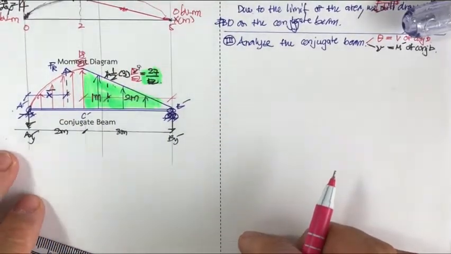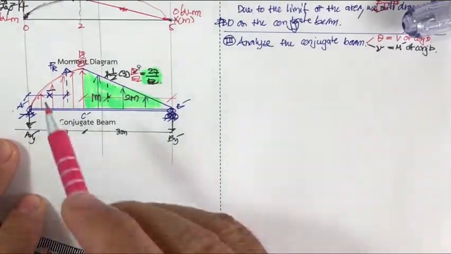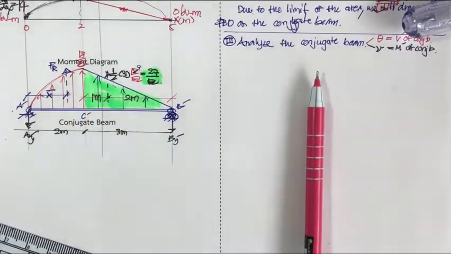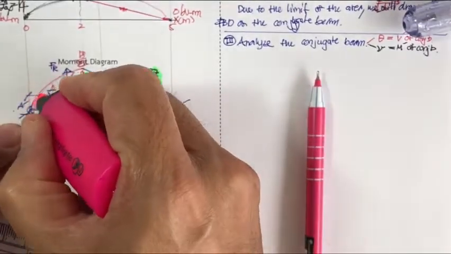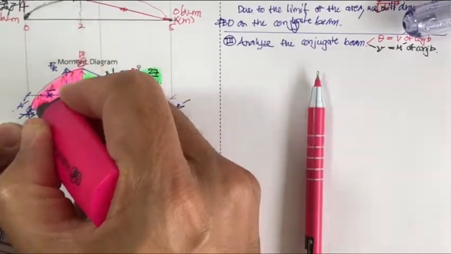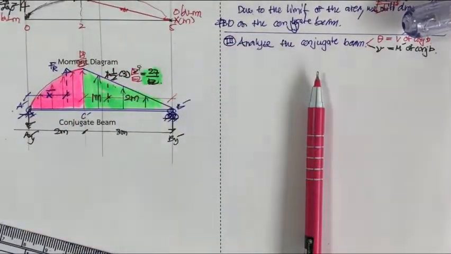If we'd like to determine F sub R, it's going to be the area of this curve. You can find the area of this curve by integration.